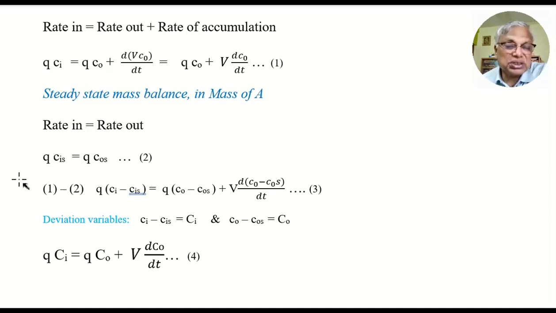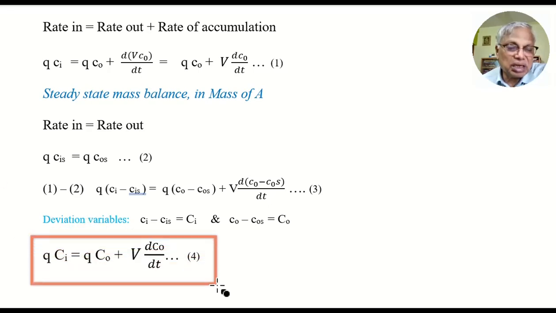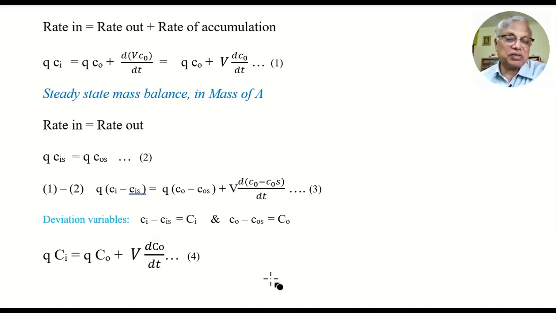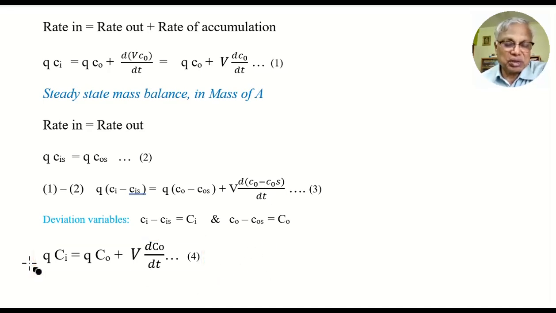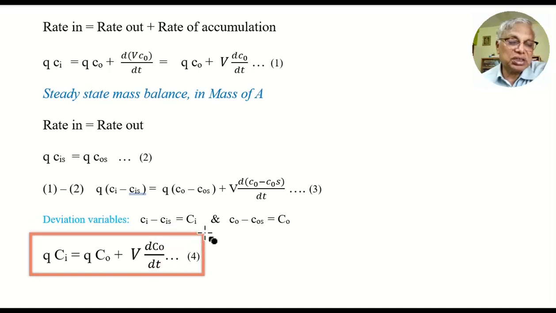If you substitute these deviation variables into equation 3, we get a linear ordinary first order differential equation. This equation describes the mixing process happening in the tank. The dynamic nature of the mixing process is described by this first order ordinary linear differential equation.